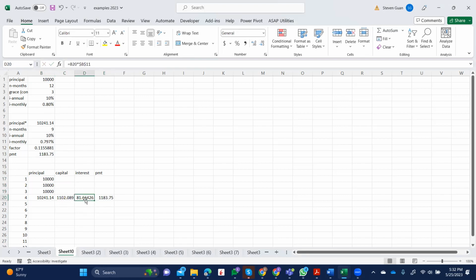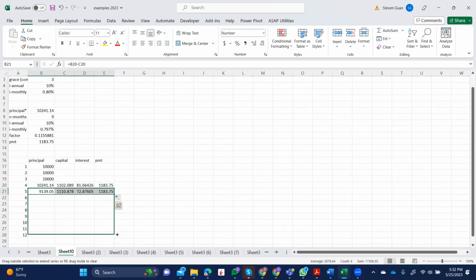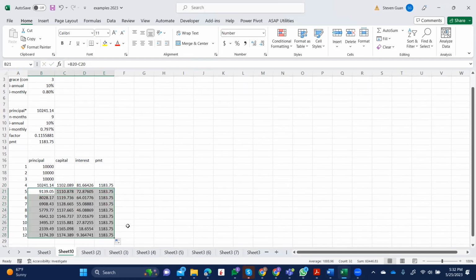My interest, let's see if this works correctly, is going to be this number times this number. So this is perfect. And this one here is going to be this one minus this one. Then I can copy all these numbers here. Let me see if this works. Yep, at the end, we get the exact numbers.